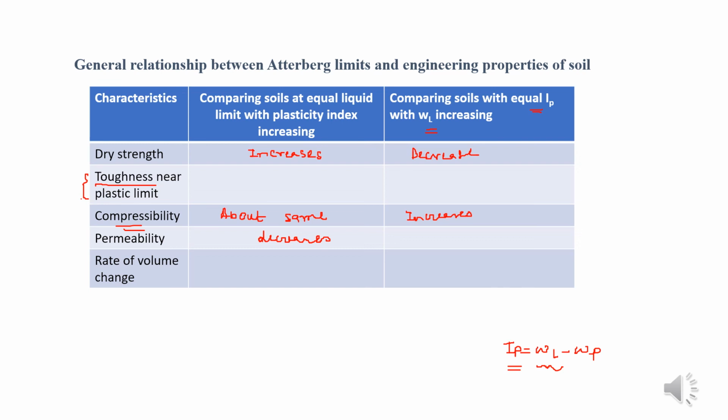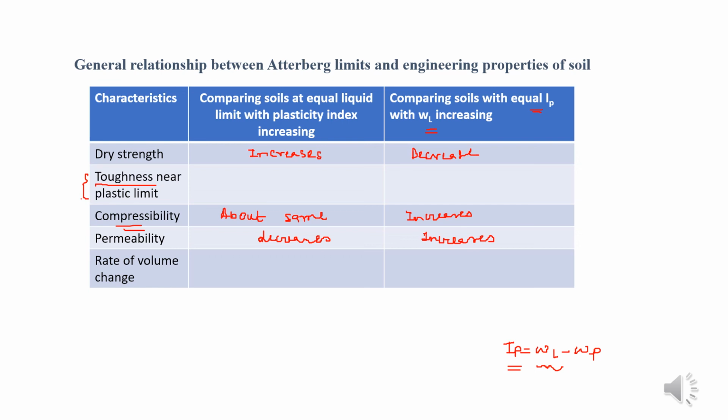And contrary to that, when liquid limit is increasing with equal plasticity index for both soils, the soil with greater liquid limit has greater permeability. That is, the permeability increases.